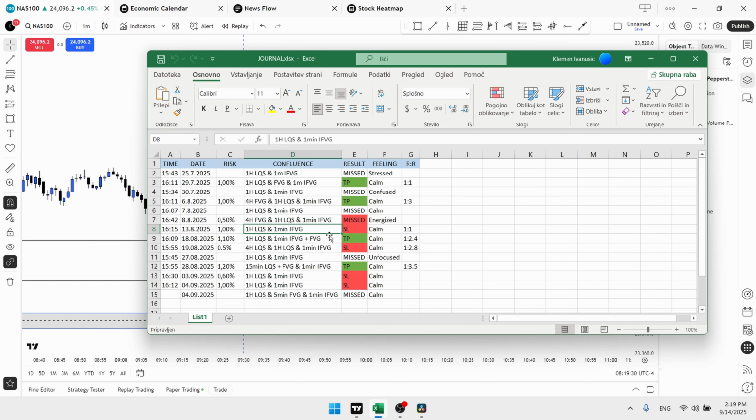Here, another take profit: 1 hour liquidity sweep, 1 minute inverse fair value gap plus fair value gap. So fair value gaps are very important, and here you can see again a 15-minute liquidity sweep. I don't use this one often, but in this case, plus a fair value gap on 15 minutes, of course, and a 1 minute inverse fair value gap.